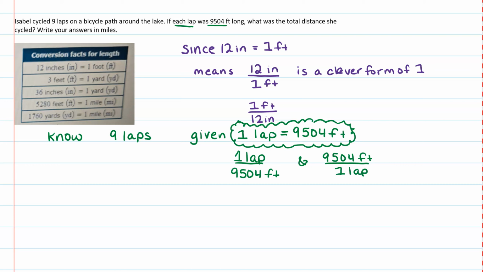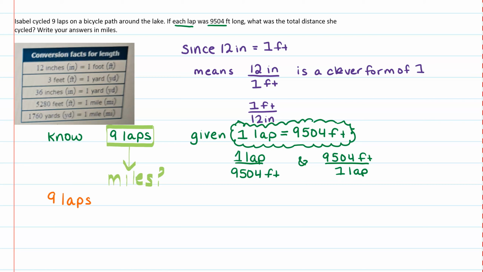So those are both things that we can use. Now we know that we started with 9 laps, and we want to change that to miles. How many miles did Isabel cycle? So we're going to start with what they gave us. They gave us 9 laps.